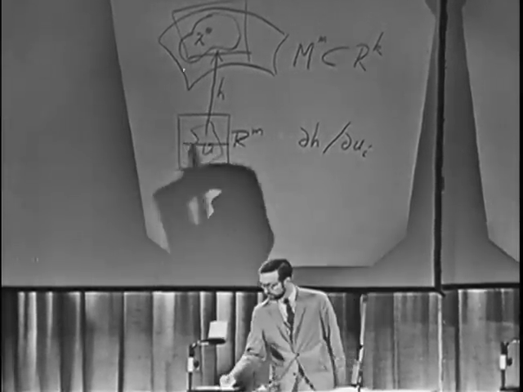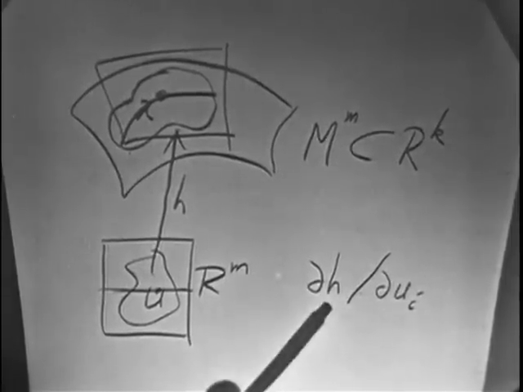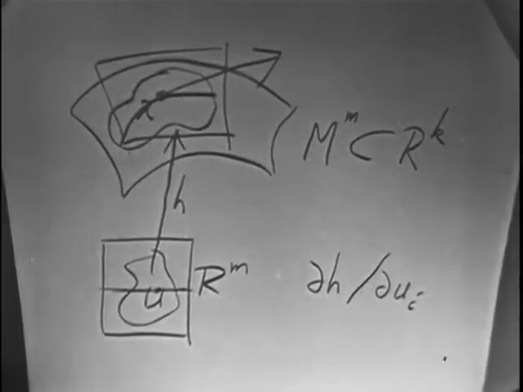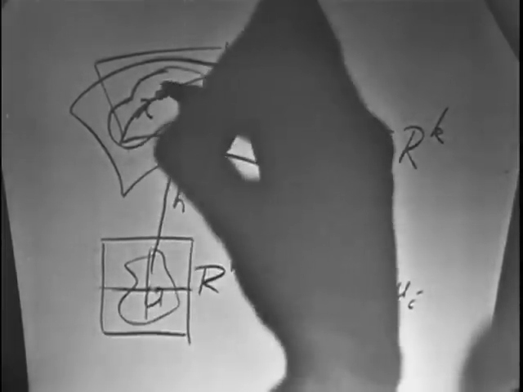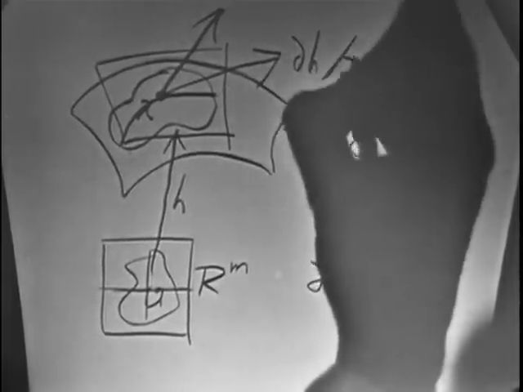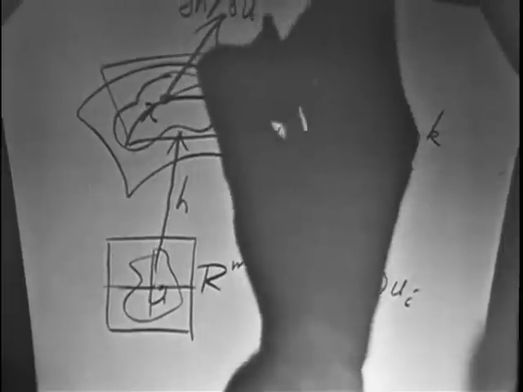So this line in the open set will correspond to a certain curve in the manifold. And this partial derivative of the vector function with respect to ui is a vector which is, by definition, the tangent vector to this curve. If we have m different coordinate directions, we get m different vectors, partial of h with respect to u1, up to partial of h with respect to um.